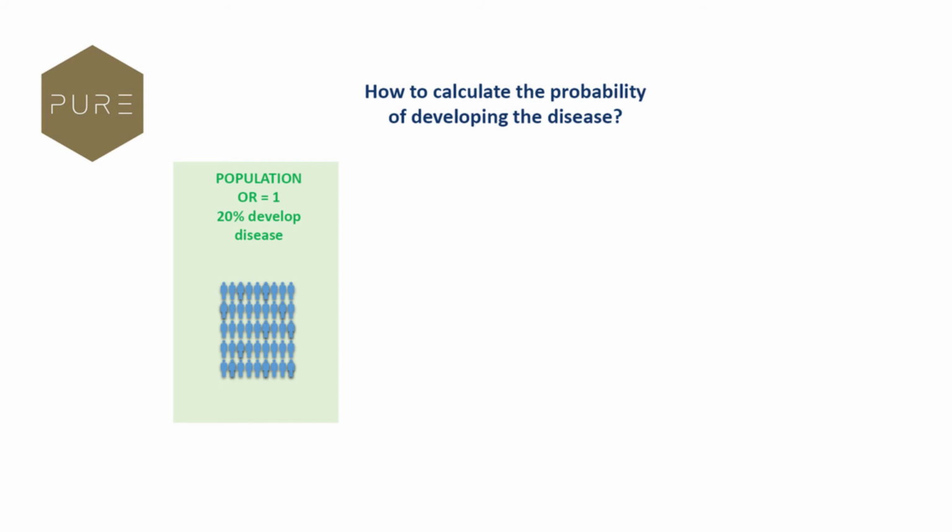now let's look a bit deeper into the calculation of what it means to have a certain odds ratio. If you have an odds ratio of 1 and you know that 20% of the population develop the disease, so you have a group of people, 20% get the disease.